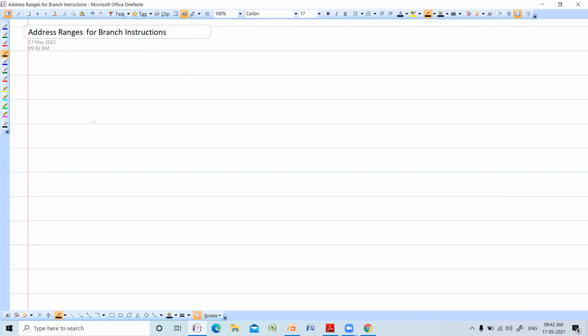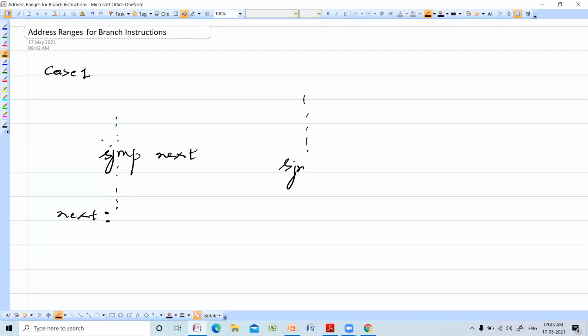So what is that exactly? Suppose you have written a jump instruction here, SJMP next. This may be case 1, so that next is here. Let us take one more case: SJMP back, so that back may be here.